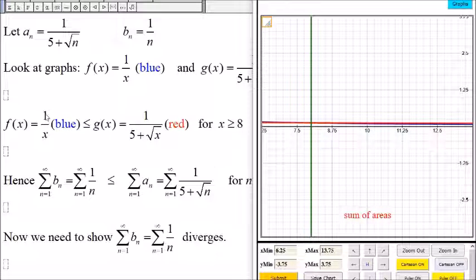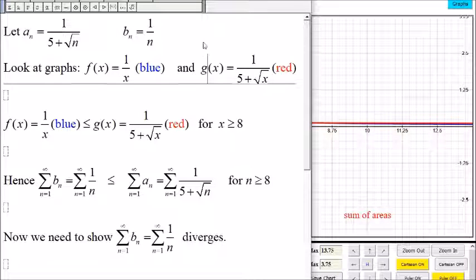Or to say it another way, 1 over x, the blue, will be less than 1 over 5 plus the square root of x, the red, beginning at x equal to 8 and on. And so in terms of series, the series 1 over n will be less than or equal to the series 1 over 5 plus the square root of n for n greater than or equal to 8.